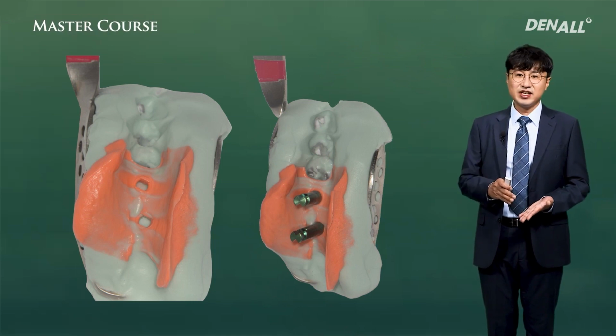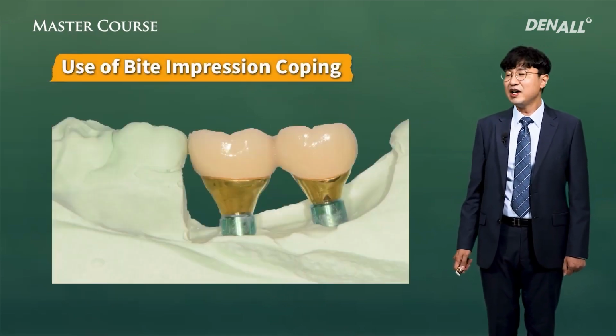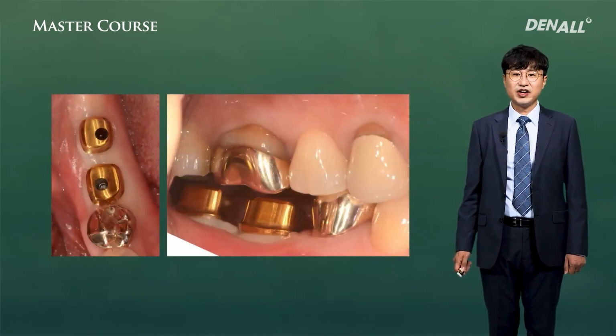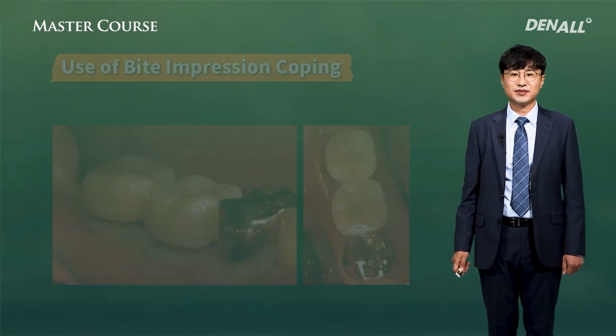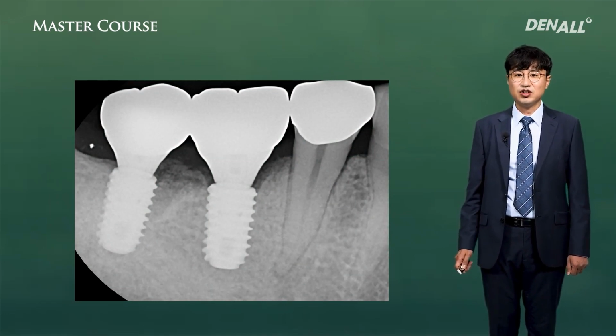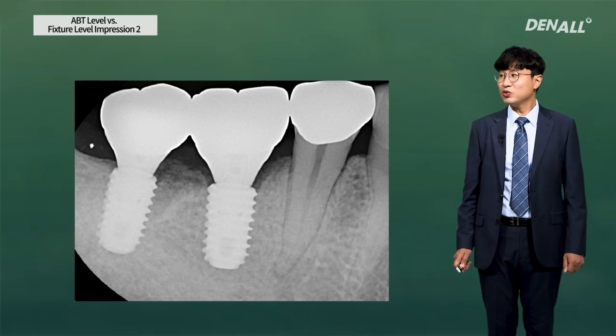And again, we position the impression body. And on the fixture level, abutment and prosthesis were created at one go. And abutment is connected orally, and final prosthesis was fabricated. Compared to transfer impression coping, bite impression coping, some people connect better. The retention is shorter, but why does it connect better? So I thought about this.